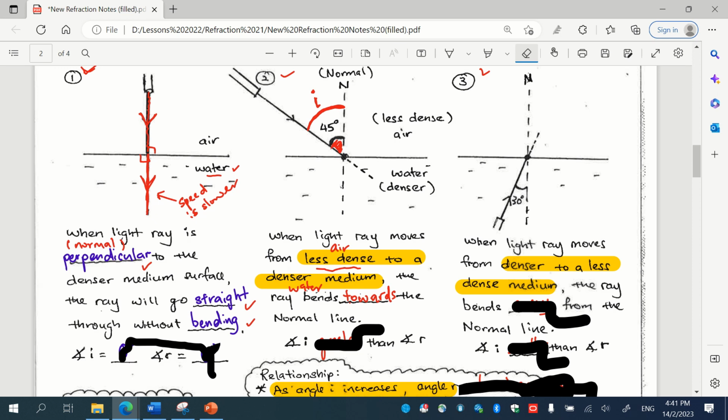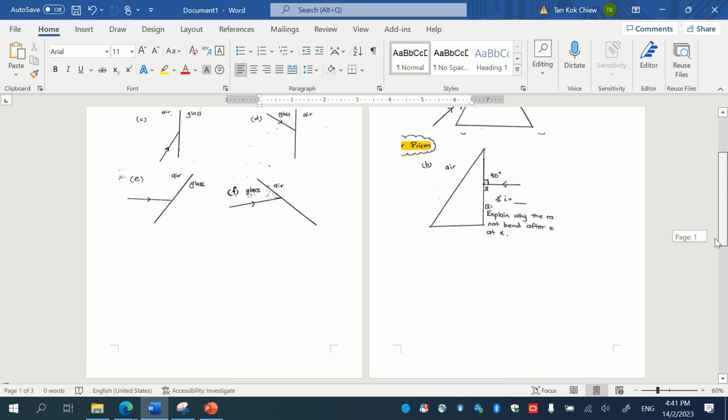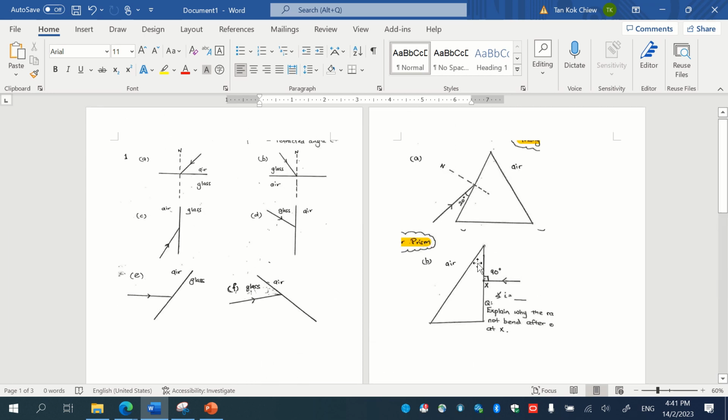What do I mean by bend towards the normal line? Let me show you in my Word document page, of this diagram number 2.